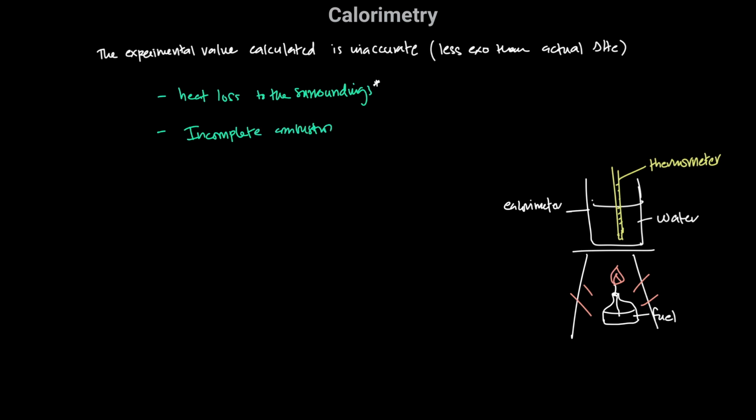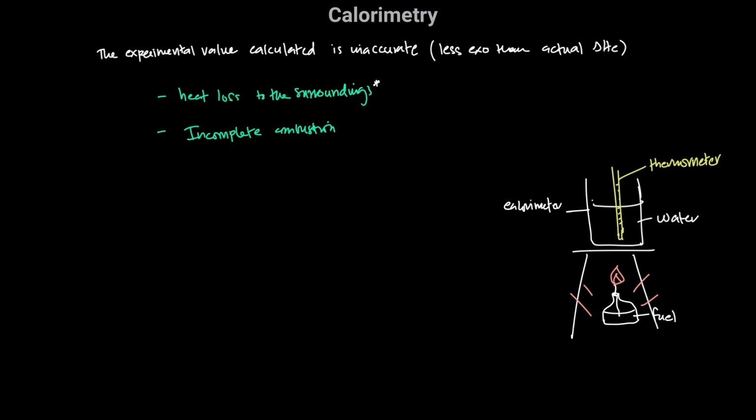Incomplete combustion releases lesser energy than complete combustion. So we're assuming that we have complete combustion of fuel in our calculations. If we had incomplete combustion, lesser energy would have been released. But we may have had incomplete combustion.